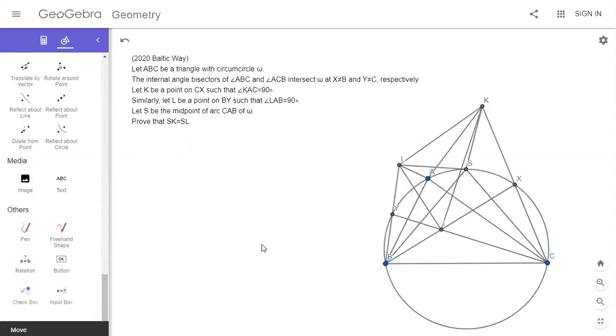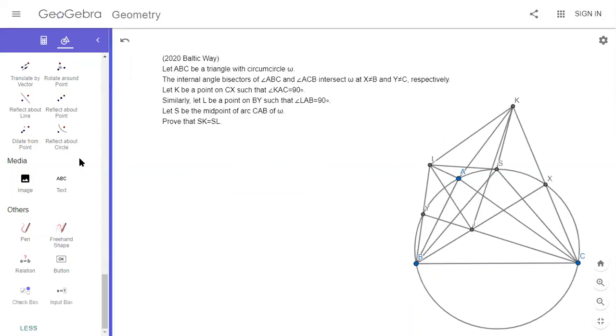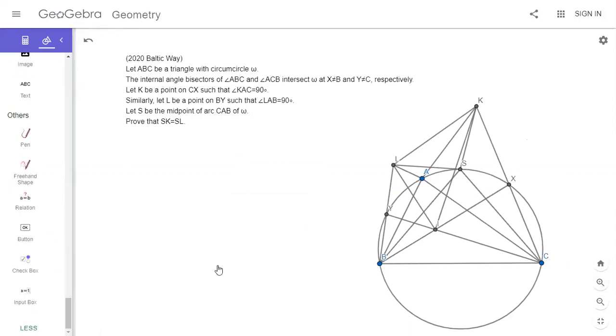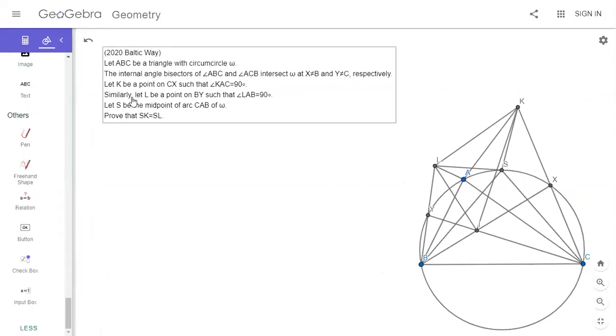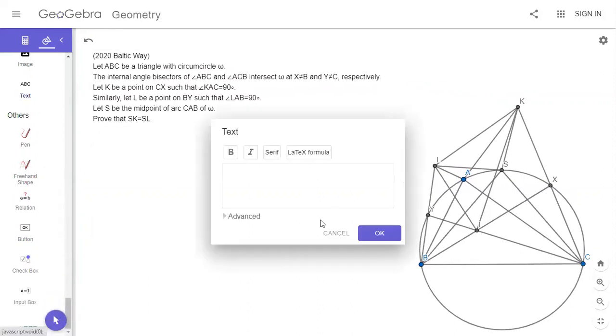I think I could probably move the diagram far enough where I could see the text. So by the in-center, x-center lemma, we have YI equals YB equals YA.